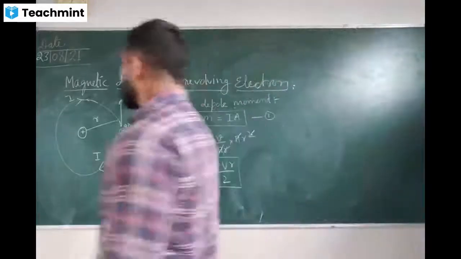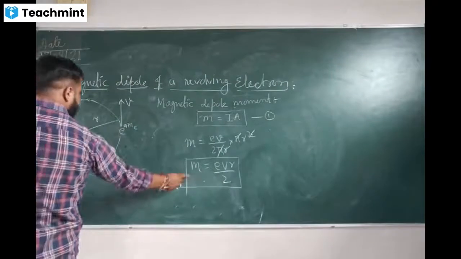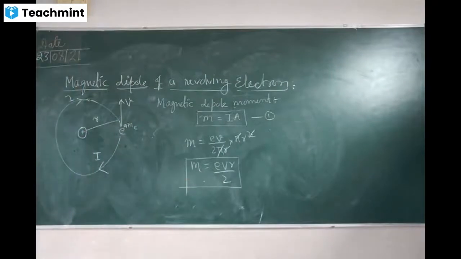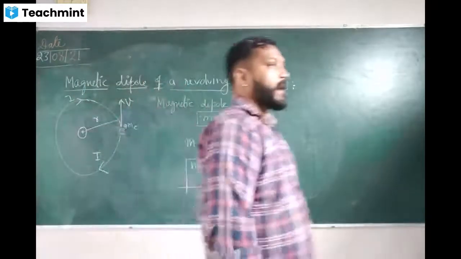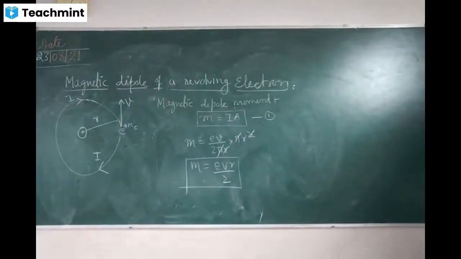So this is the relation. This is the magnetic dipole moment of a revolving electron, and that is evr by 2.